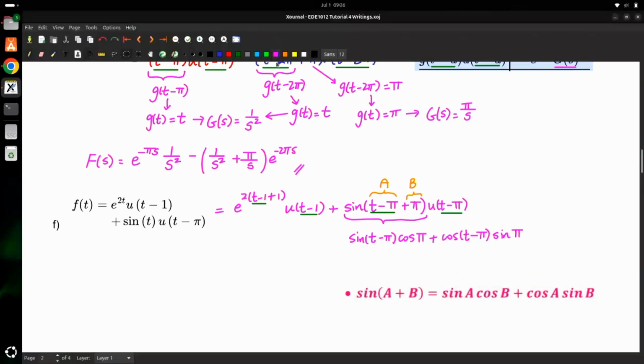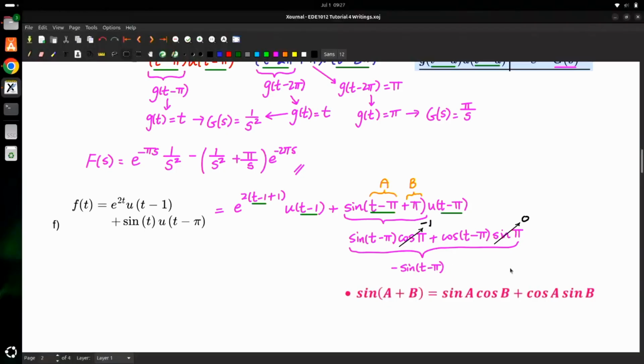But you can simplify further. It becomes sine t minus pi times cosine pi, which is minus 1. So it's just minus sine of t minus pi. Then plus sine pi, which is 0. Cosine pi is minus 1, but sine pi is 0. So actually the whole thing becomes minus sine of t minus pi.